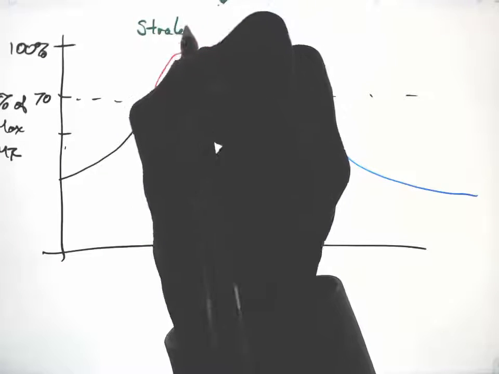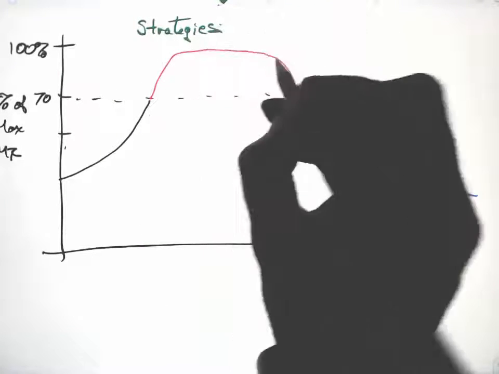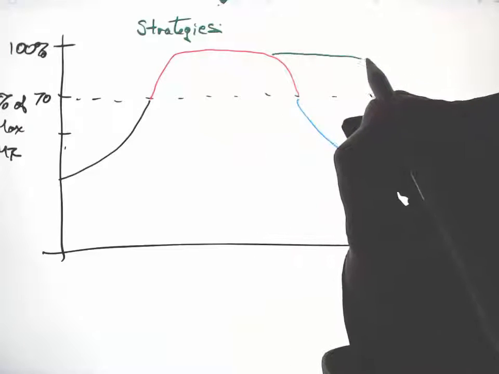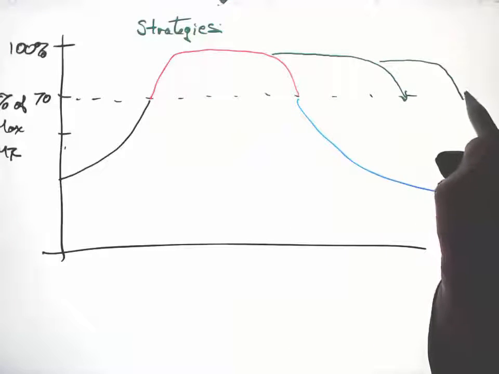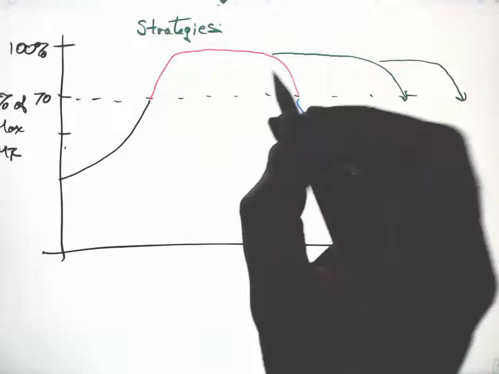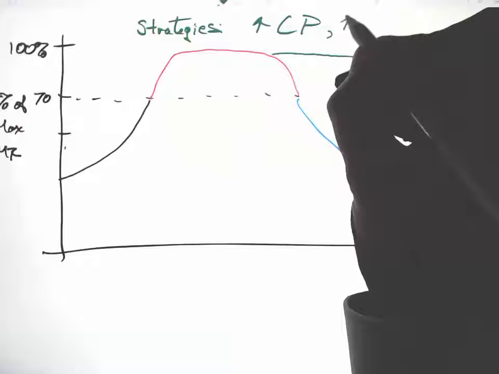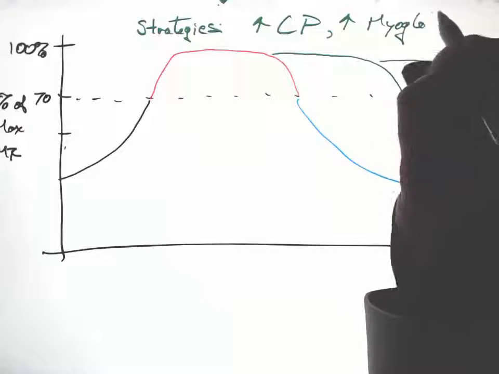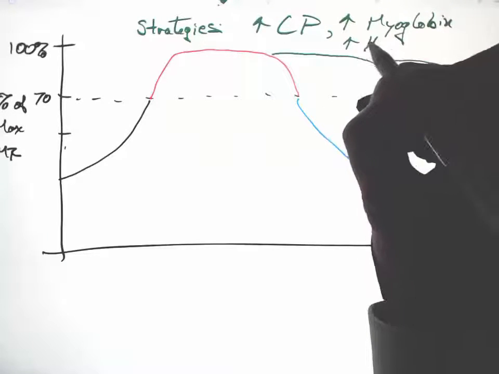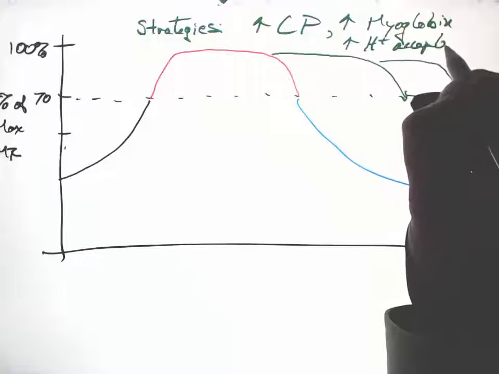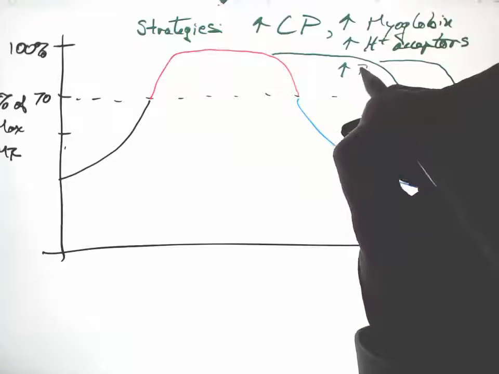There are strategies animals can use in order to extend this period of anaerobic metabolism. They can increase creatine phosphate, increase myoglobin, increase hydrogen acceptors, increase buffers.